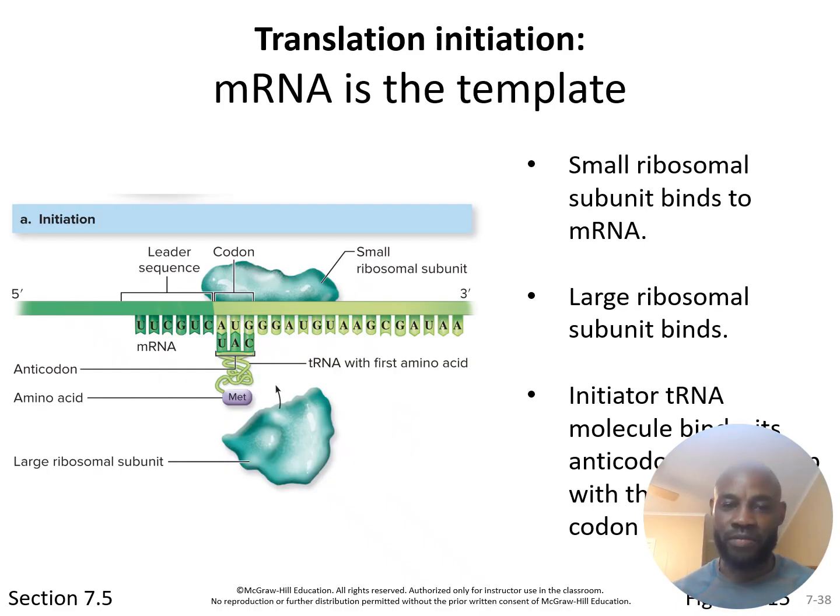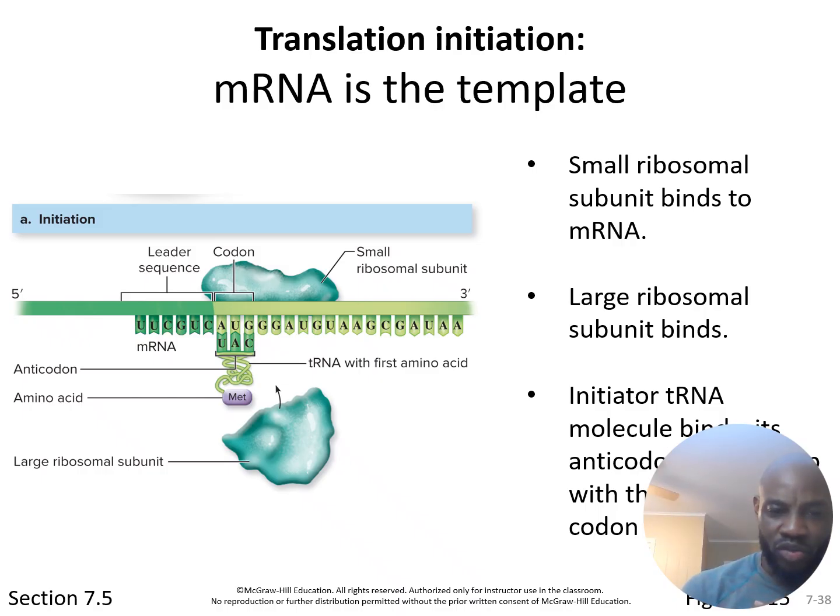So translation, we start off with the small ribosomal subunit binding to mRNA. The large ribosomal subunit binds, and an initiator tRNA molecule binds the anticodon with the codon. So we have the anticodon, see it here, and the amino acid, it brings the amino acid.